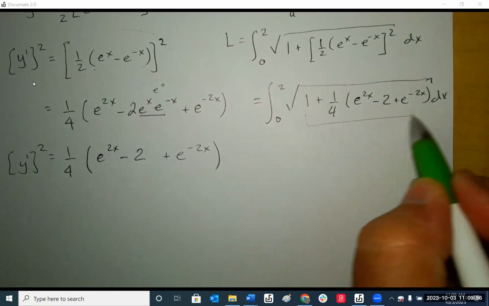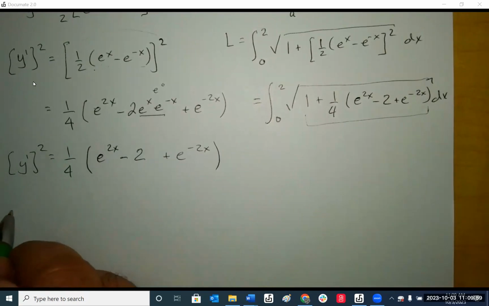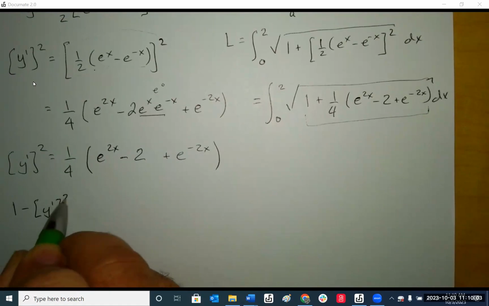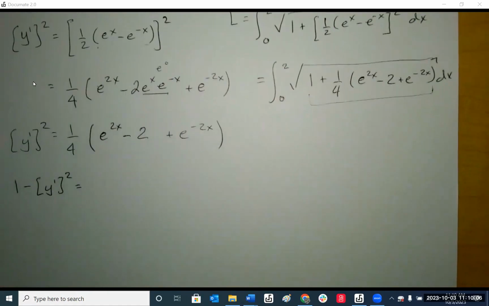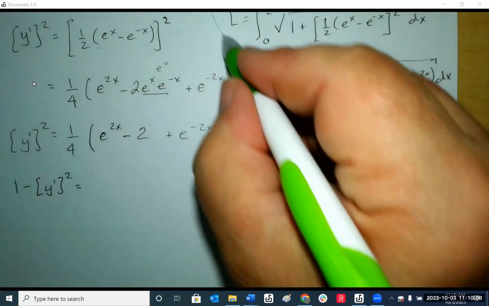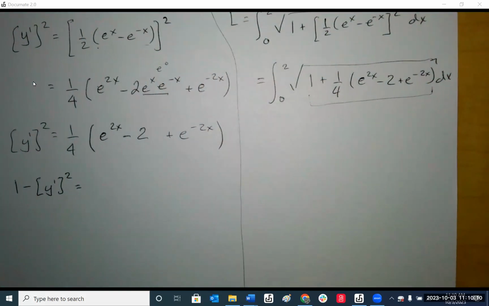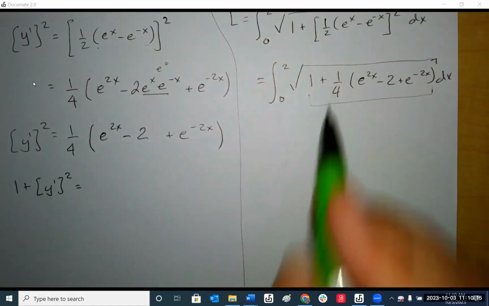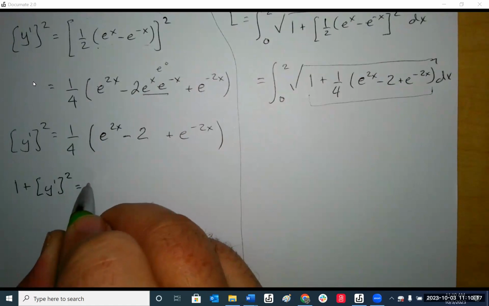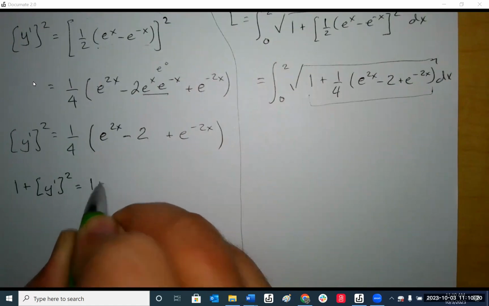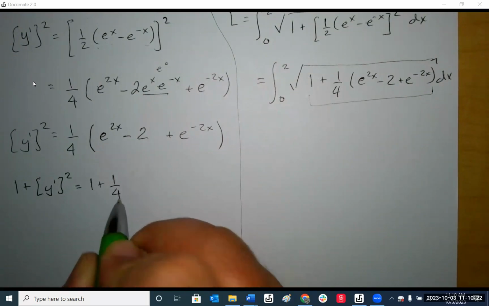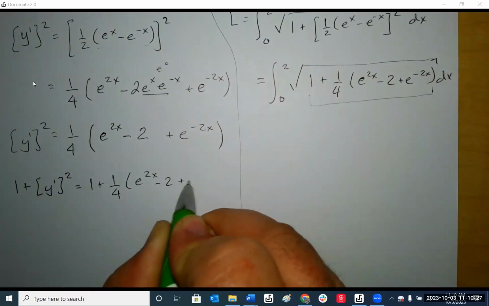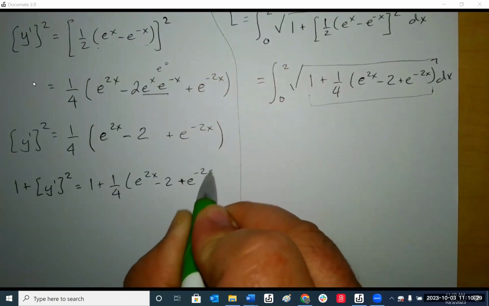Now we got to do this whole interior part. So it's 1 plus, I'm sorry, 1 plus 1/4 (e to 2x minus 2 plus e negative 2x).